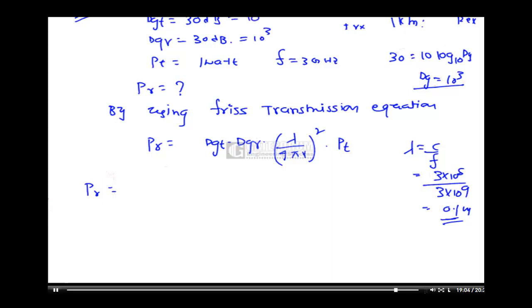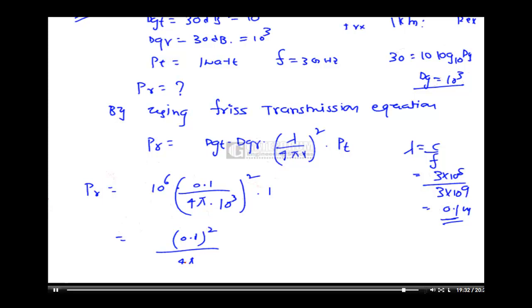So 10 cube into 10 cube, 10 power 6, into lambda 0.1 by 4 pi into R, where R is 1 kilometer, that is 10 cube, whole square, into power transmitted, which is 1 watt. 10 power 6 cancels out, so this is nothing but 0.1 whole square by 4 pi whole square.